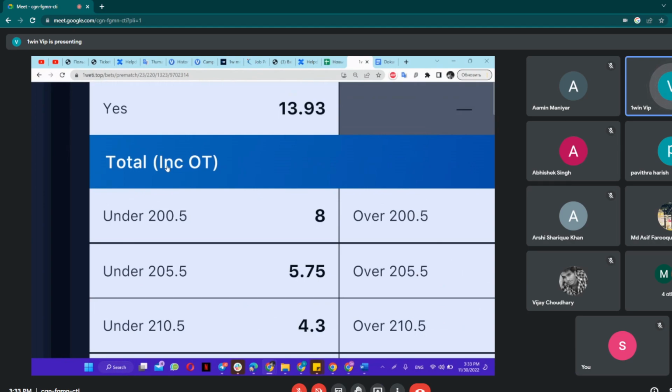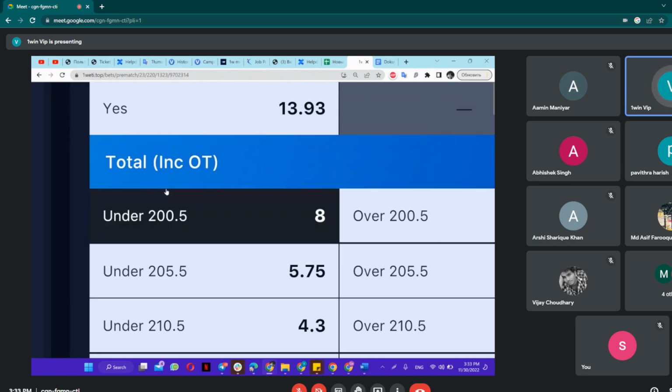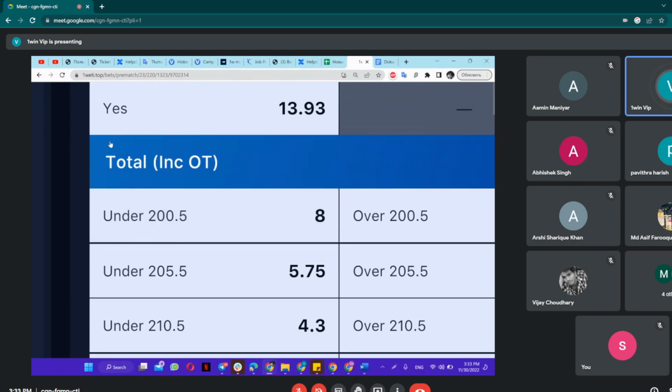So this is the clarification which shows you that this bet will be calculated including overtime as well as main time. In football games, you could also find these bets, but not only INC OT, including overtime.